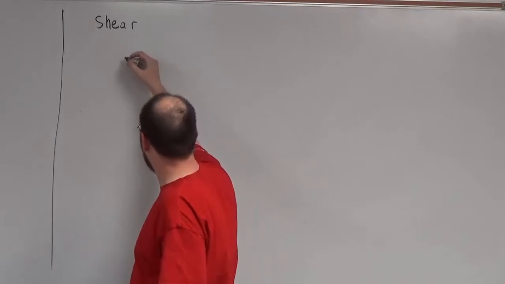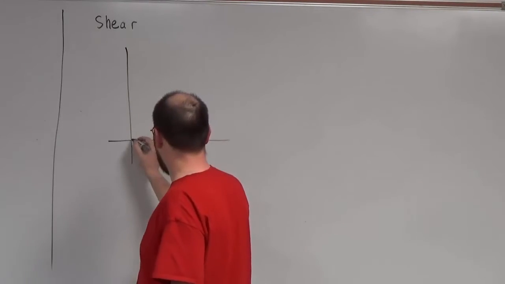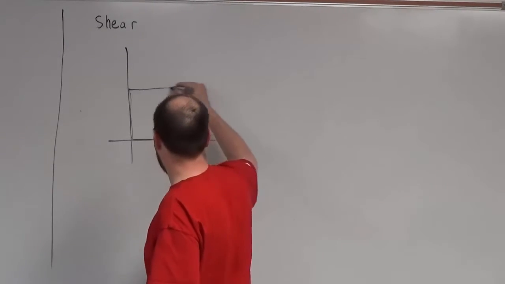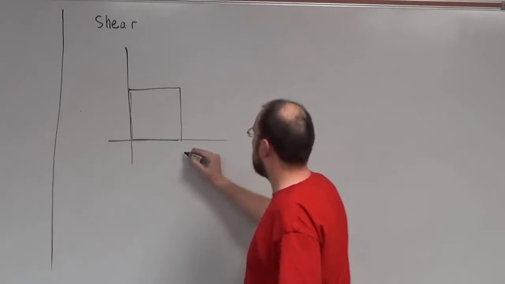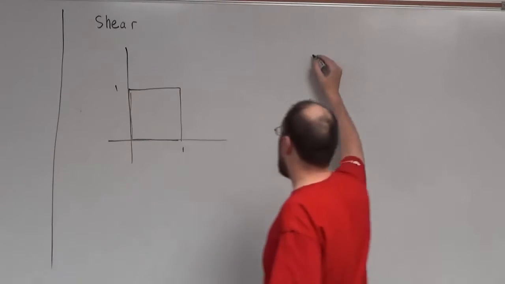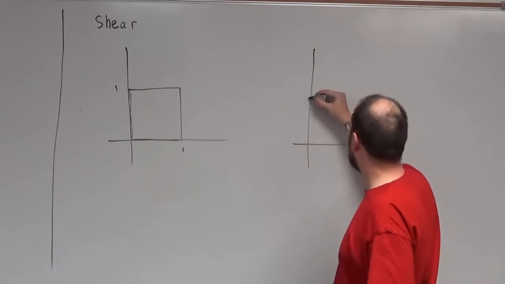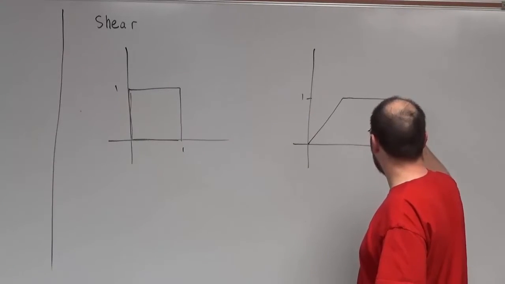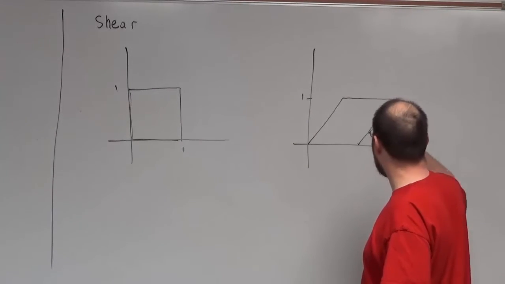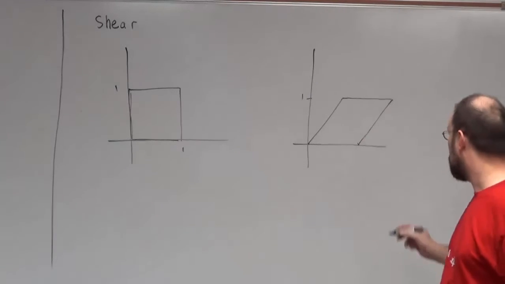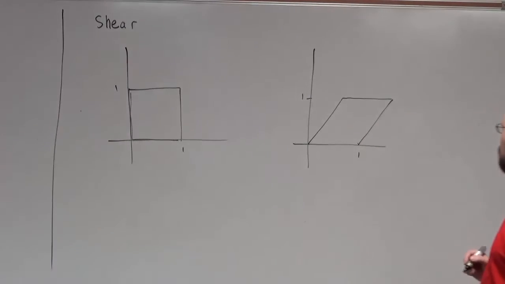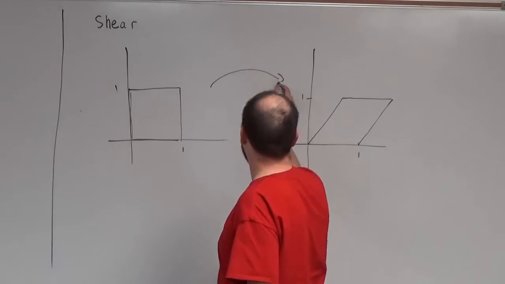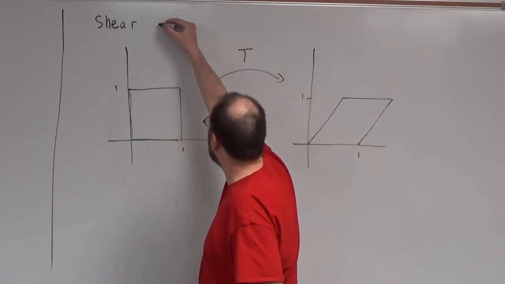Okay, so let's see. I don't know the exact words here, but suppose you have, let's just do geometry, a unit square, and you want to shear it like this. I guess we would then call this a shear in the x direction. So this is what we want our transformation to be.